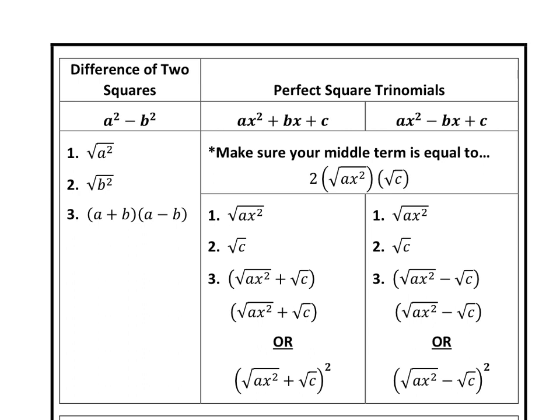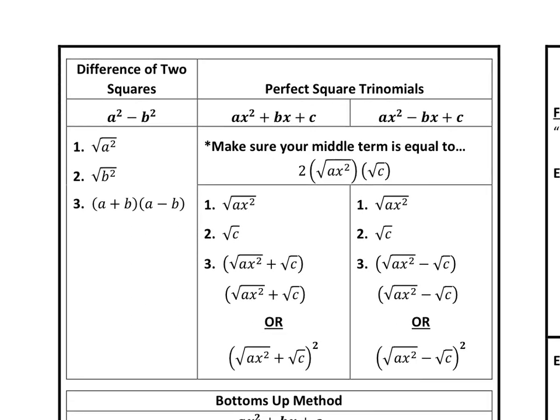For a perfect square trinomial, we can have two situations: a plus situation or a minus plus. If we have a plus situation, that means we have two pluses in the parentheses, and if we have a minus plus, we have a minus in the parentheses.